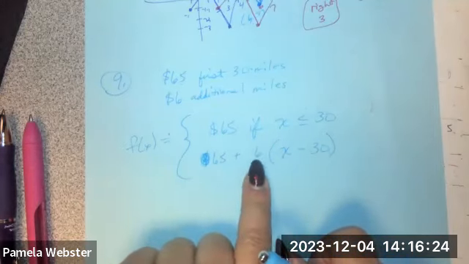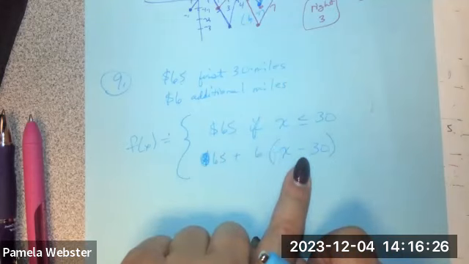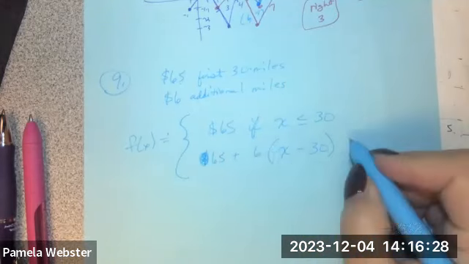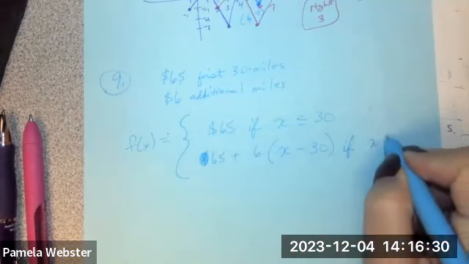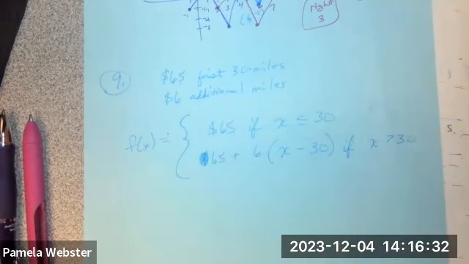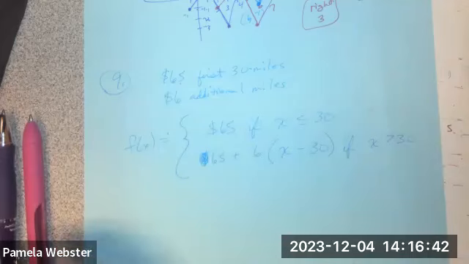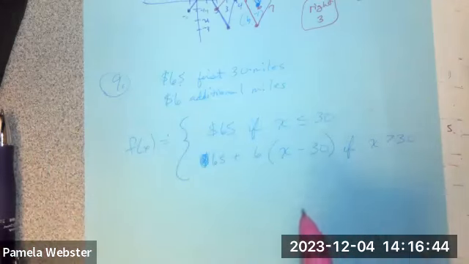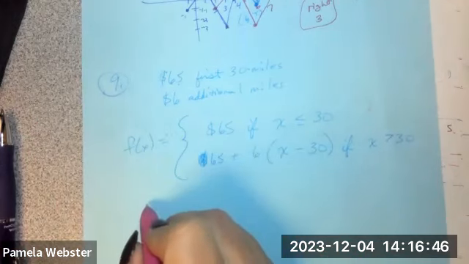It would be $6 for those 2 extra miles. So this is what I do if x is greater than 30. Okay. There is my piecewise function, and we should be able to see that pretty easy. This is a really expensive rental van because those miles extra over 30 are going to add up really fast.